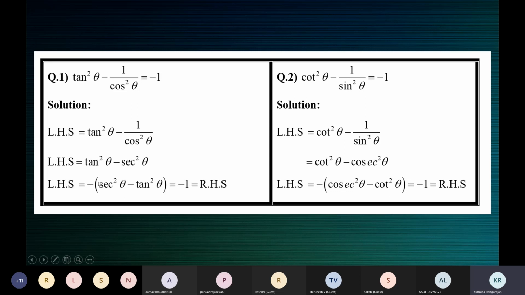If you want to write a minus b as b minus a, you must take a minus outside. You want to write tan square theta minus secant square theta the other way: secant square theta minus tan square theta, then take a minus outside. And now we know that secant square theta minus tan square theta is 1. This is 1, so minus 1. Same thing here.